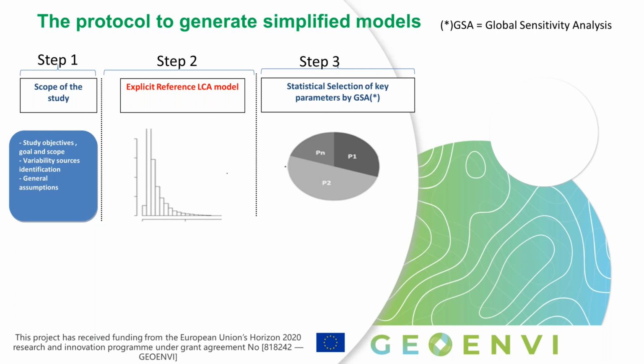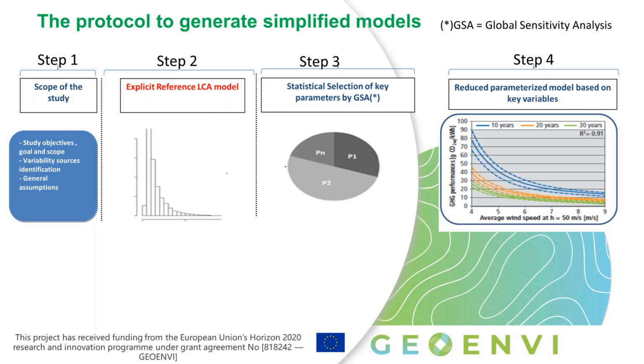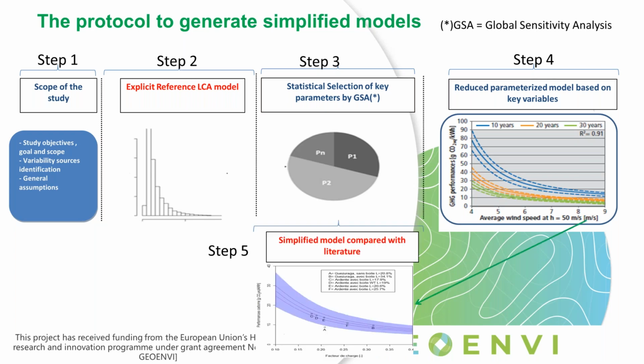Then step three, you go through a statistical selection using global sensitivity analysis. And step four, you produce your simplified model based on key variables. So we call it a parameterized model. Then you compare your simplified model with literature, step 5.